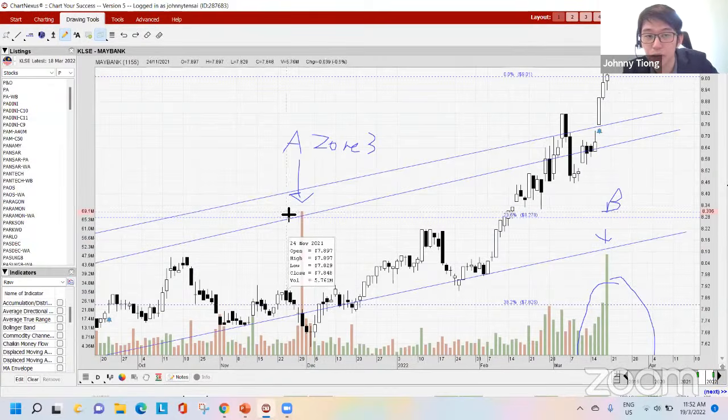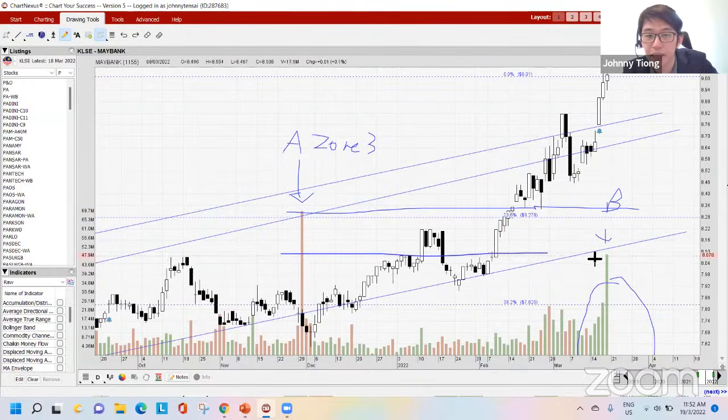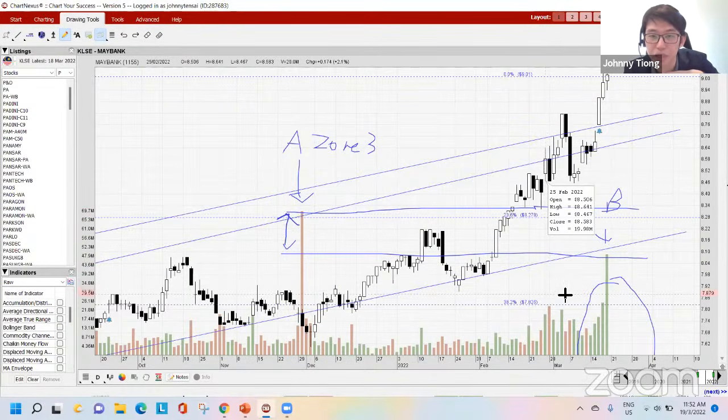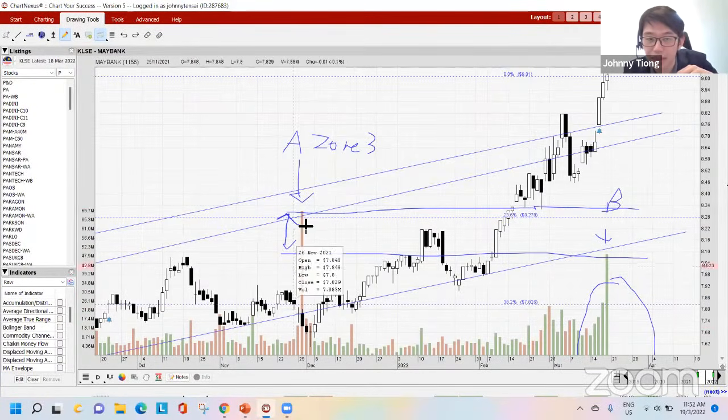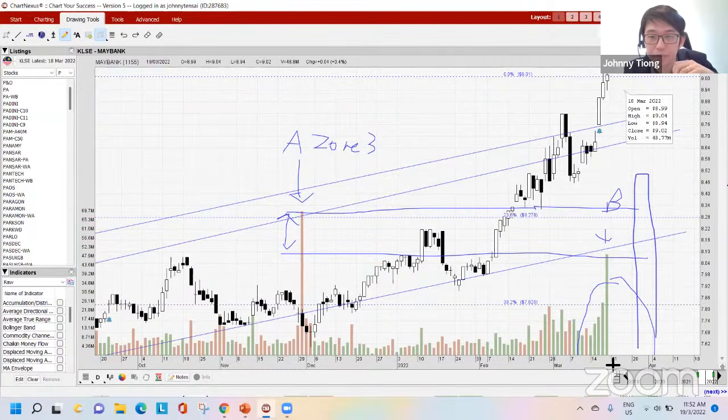But then you look at the volume gap. I can say that on this day, there's a huge volume of people selling. So if I want a confirmation of the buying, I will wait for this buying volume to be higher than the selling volume. Then I will be looking at it.